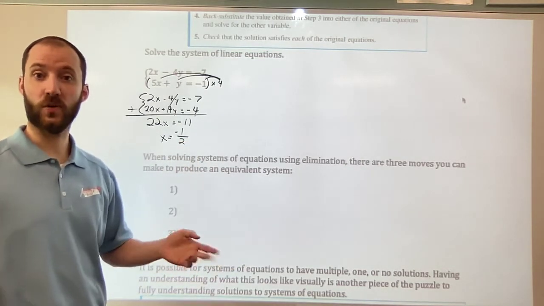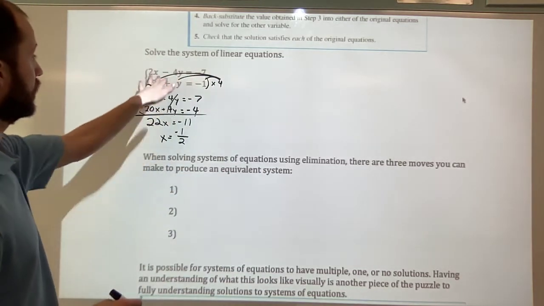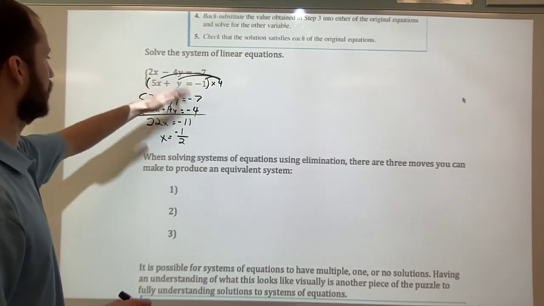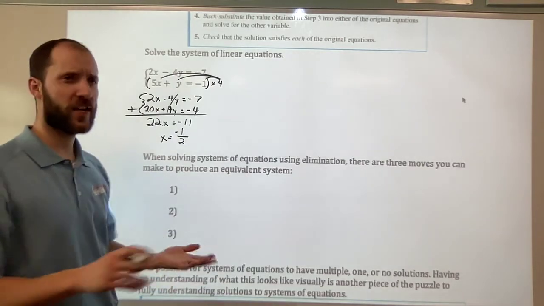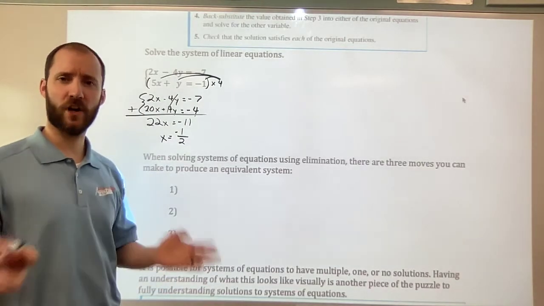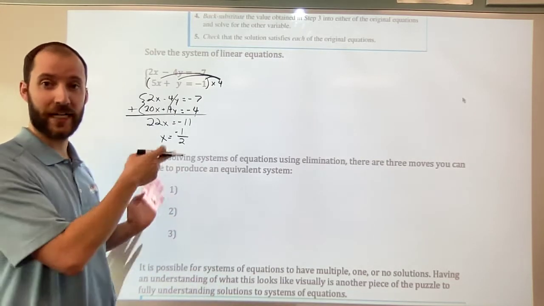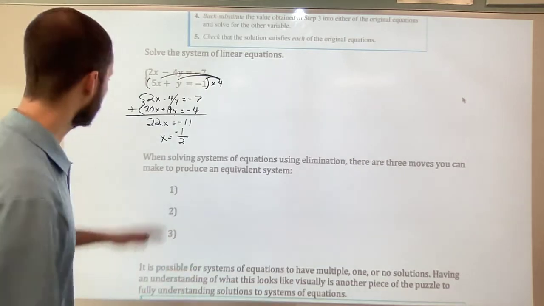Let's check to make sure what we did is okay. Multiply by 4. Okay. Add it together. Okay. Divided. Okay. So fractions are not necessarily wrong, but they make people freak out. So when you get one, just check to see what you did and make sure it's all correct.